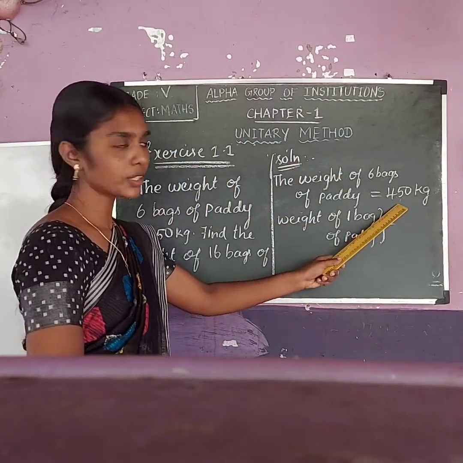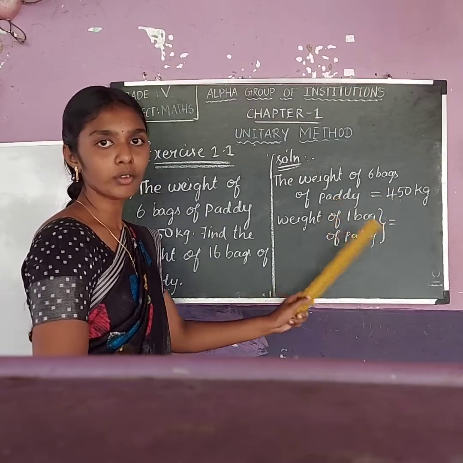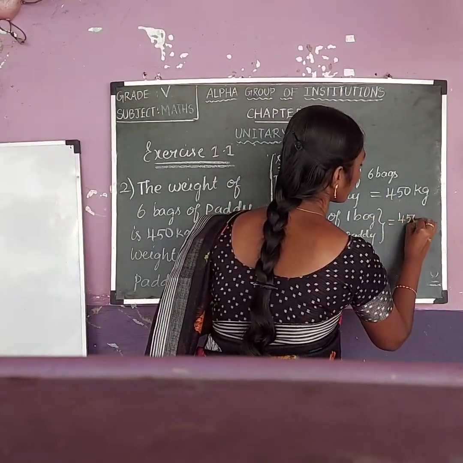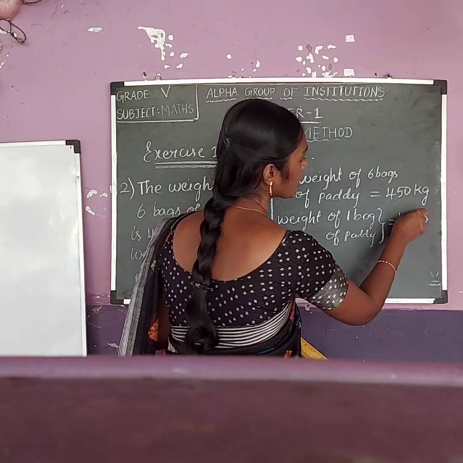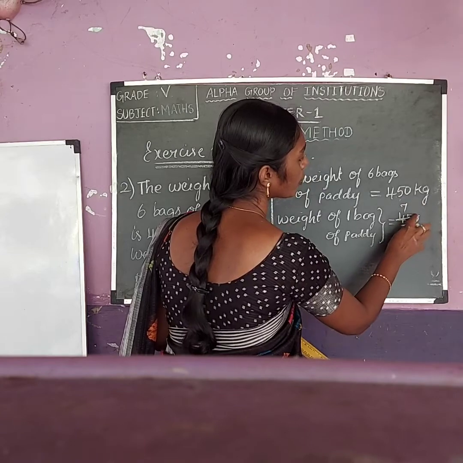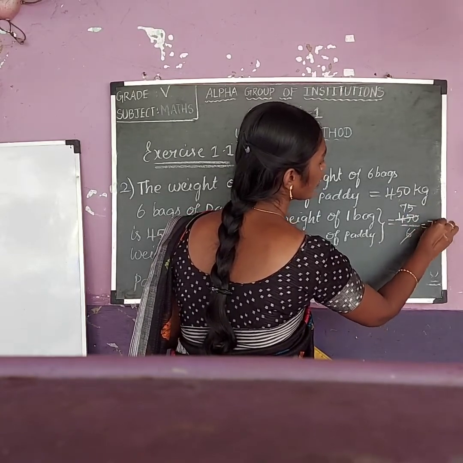Many units are given and we want to find the single unit. What do we want to do? We want to divide now. So 450 divided by 6. See here, 1 6 is 6, 7 6s are 42, balance 3, 5 6s are 30. So the answer will be 75.